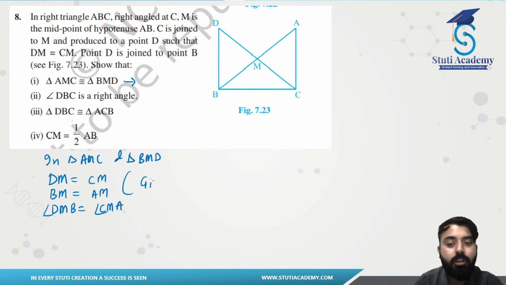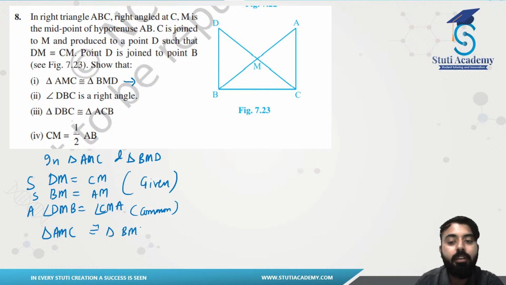This is already given, this is common. Now guys, see, side, angle, side, triangle AMC is congruent to triangle BMD. Now we can say angle MAC, which is this one, equals angle MBD, which is this one, CPCT, right?